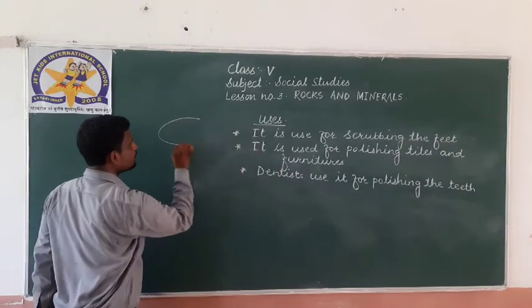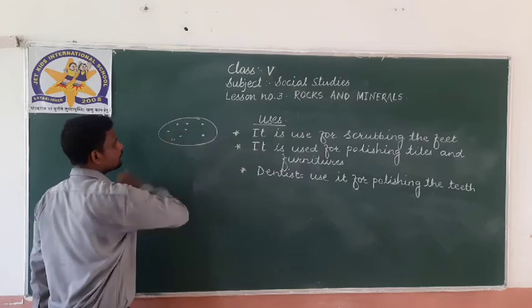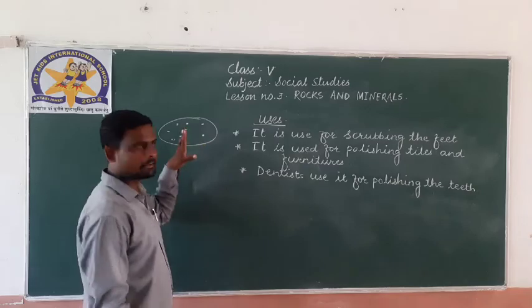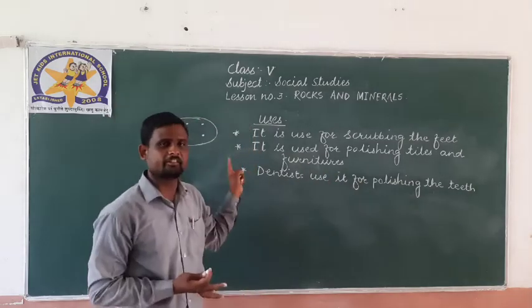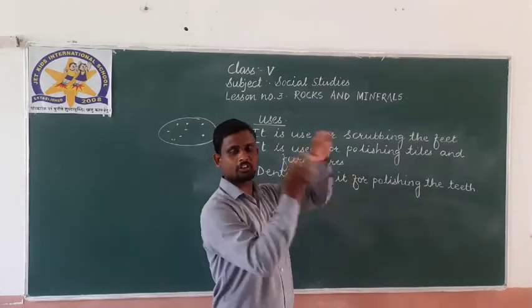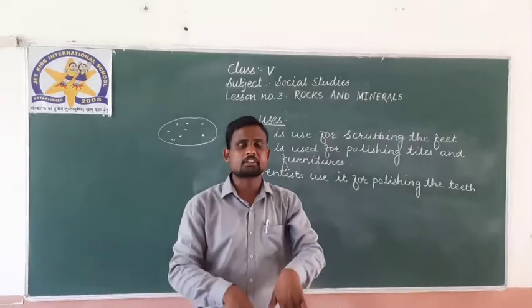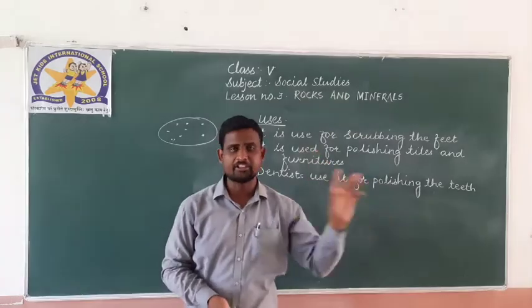Suppose this is a pumice rock, so you will find air pockets like that. Due to these air pockets, the weight of pumice rocks is very light. They are light in weight, and due to this they can float on the earth's surface. These pumice rocks do not sink inside the water. They float due to their light weight.